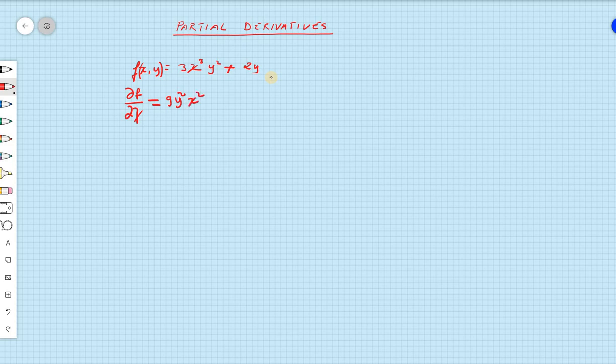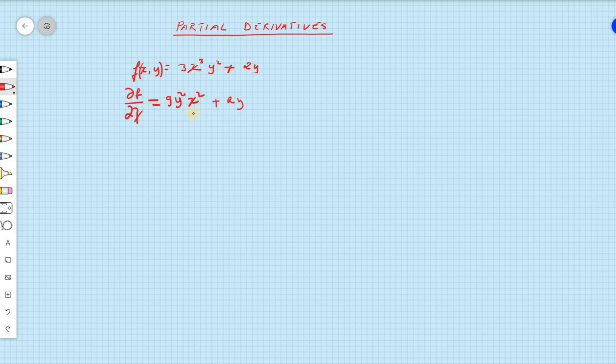That 3 multiplies the 3 coefficients, these two, and then y you just leave alone because you're deriving this function with respect to x. Plus 2y. Like I said, we consider this 2y as a constant, but we don't derive it, so just leave it alone like that. And this is it. This is your result.